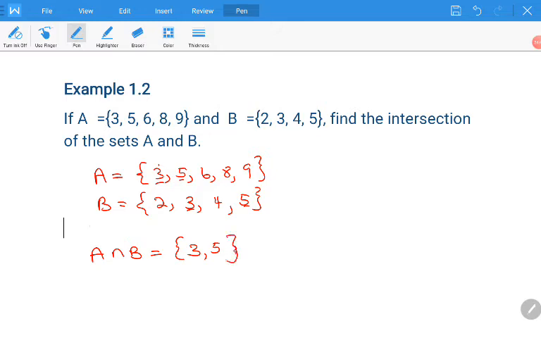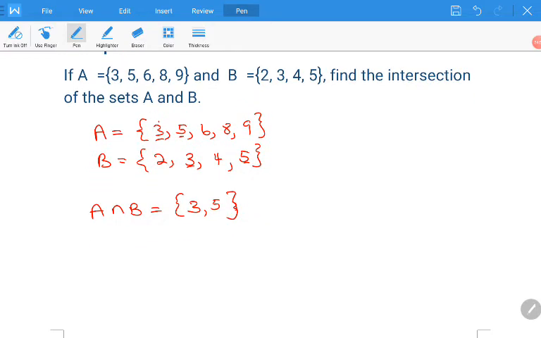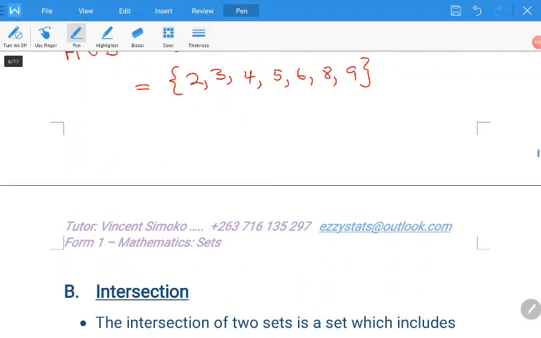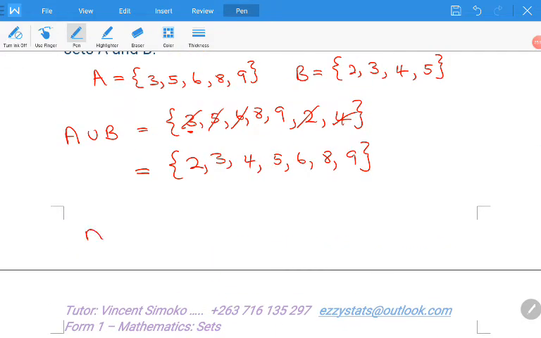So this is our A intersection B. So the number of elements in A intersection B is equal to 2. And here the number of elements in A union B is equal to 1, 2, 3, 4, 5, 6, 7. We have 7 elements.